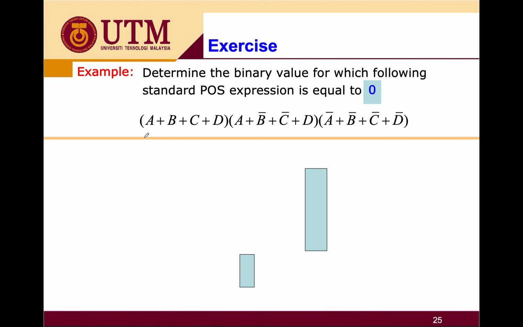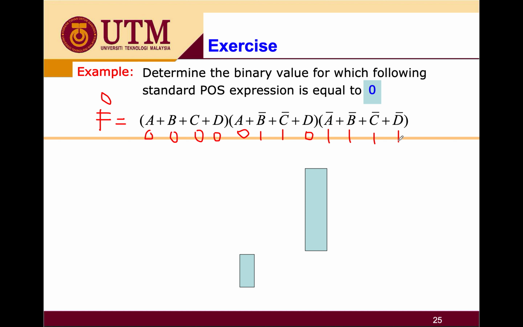So if let's say you are given this kind of expression, you will have F equal to this one, and the value of F will be 0 if A is 0, 0, 0, 0, 0, 1, 1, 0, and then there is another 1, 1, 1, 1.